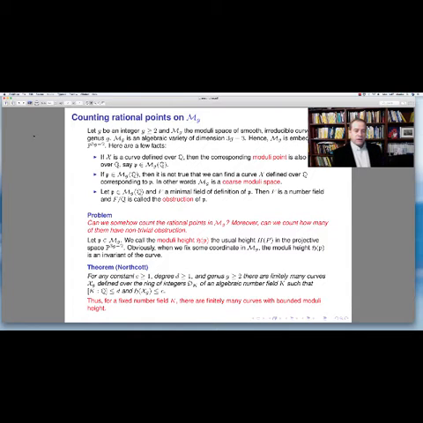It means that if I take the moduli space, embed it into a projective space, and call the height of the corresponding point the moduli height, then there are finitely many curves, up to isomorphism classes, with bounded moduli heights.